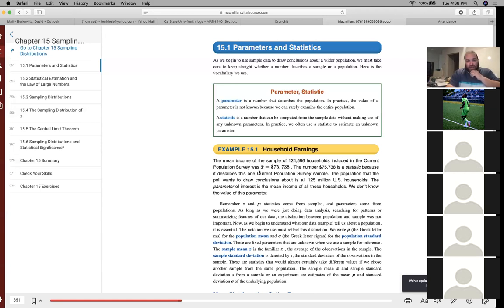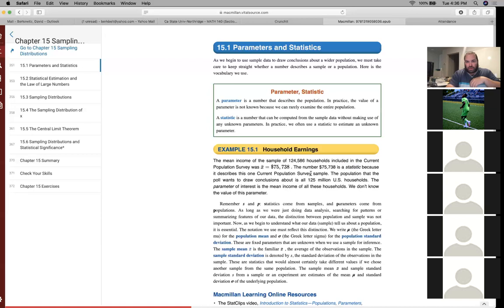It says the mean income of the sample of 124,586 households included in the current population survey was X bar. The sample mean was $75,738. This is a statistic because it only describes a number that comes from a sample.